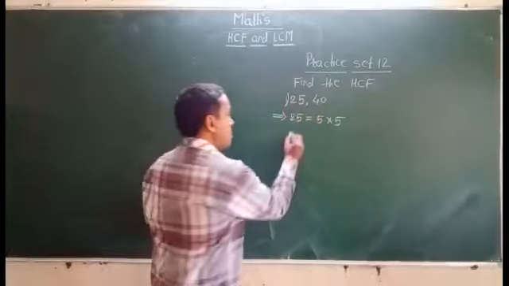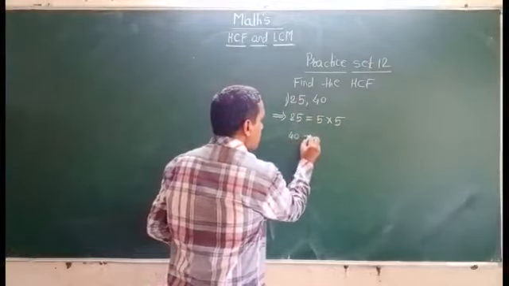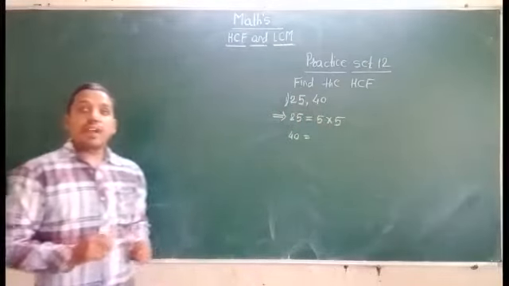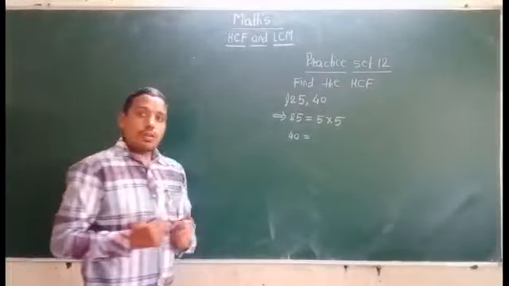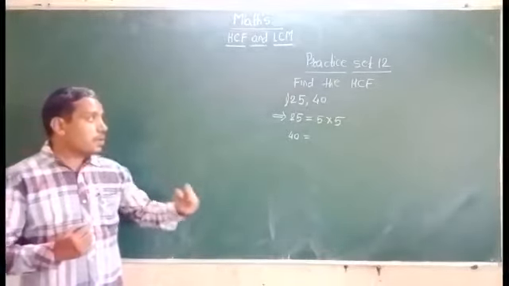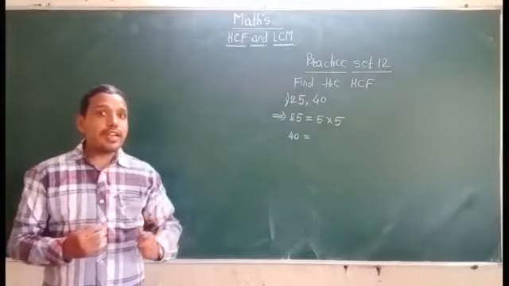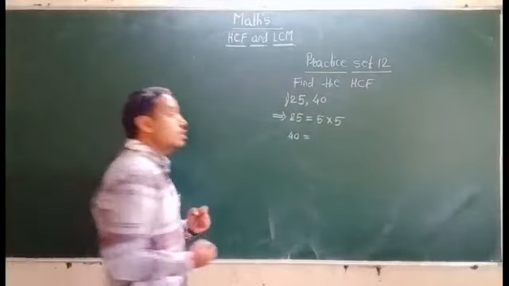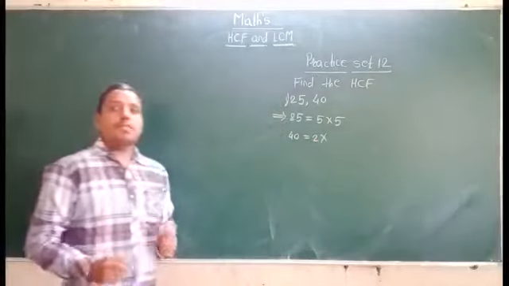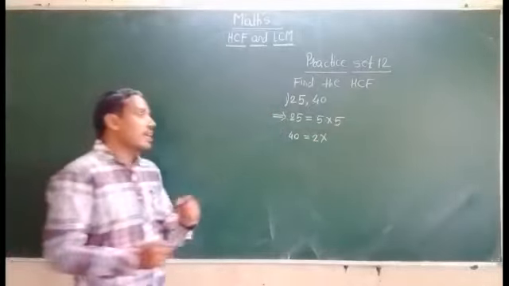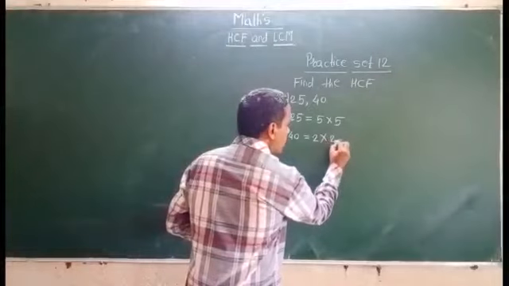Next, the 40. We will find the prime factors of 40 by using the prime factor method. 40 is completely divided by the smallest prime number, 2. When we divide 40 by 2, we get 20.